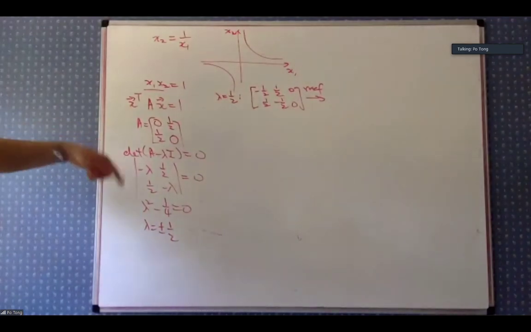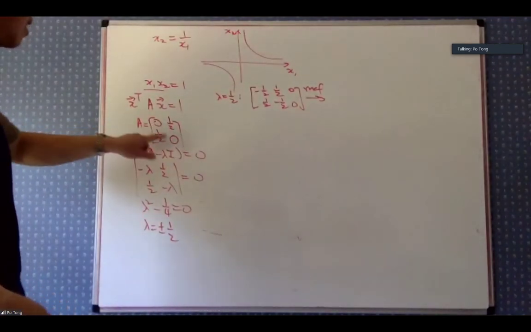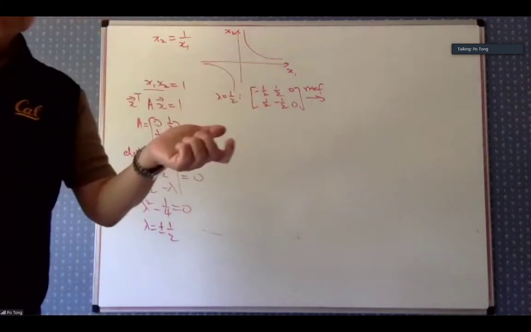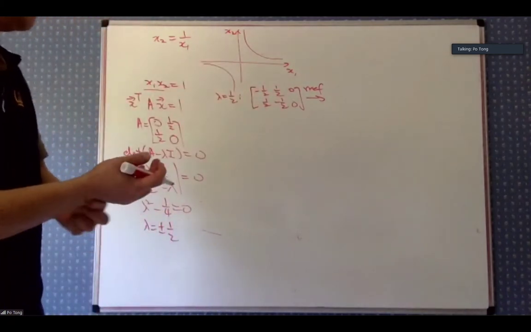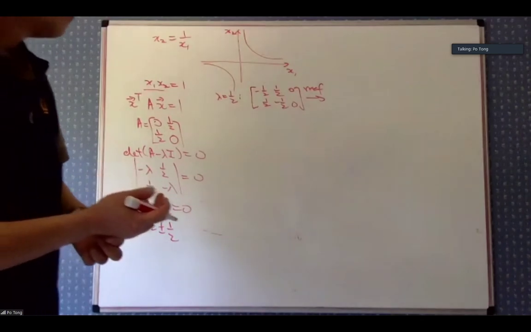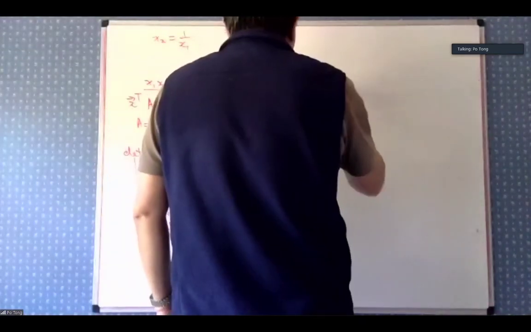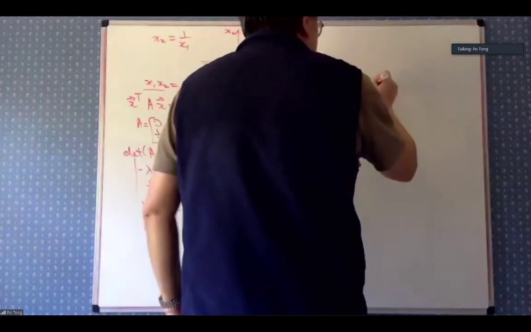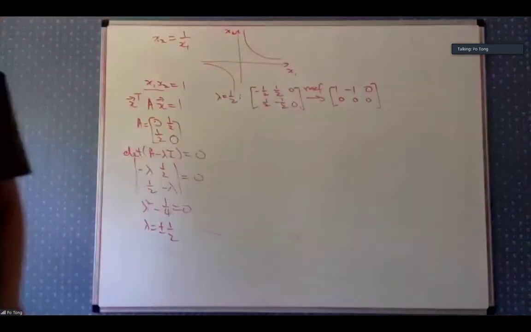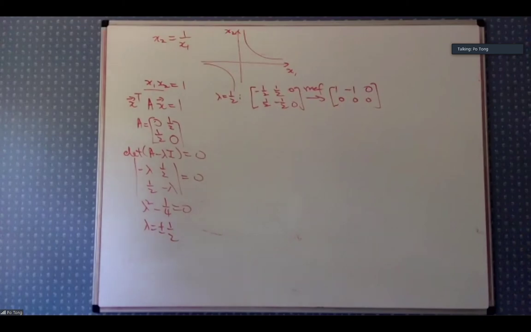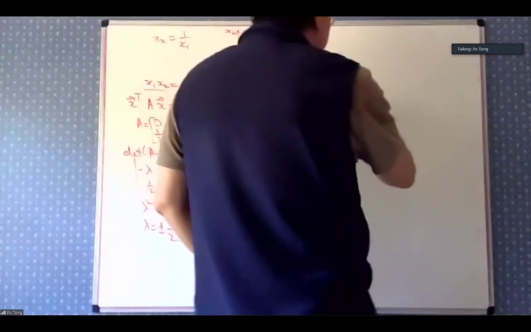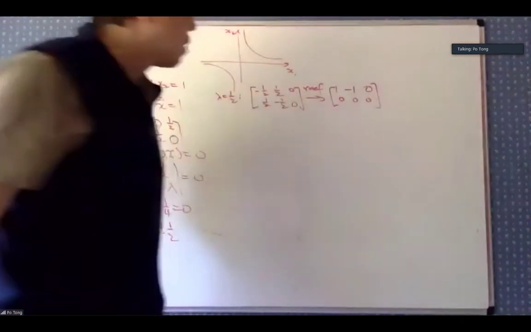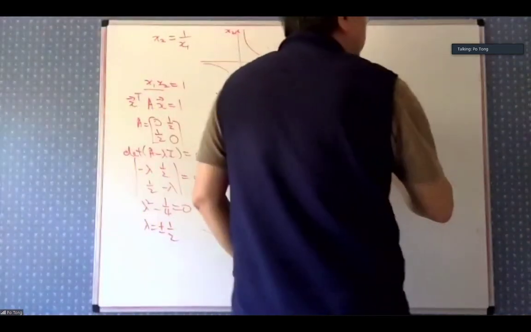I subtract 1/2 from the diagonal entries, and then I solve this system to get the eigenvectors. So what do I get? I get basically 1, negative 1, 0, 0, 0, 0. So x2 equal to x2, x1 equal to x2.